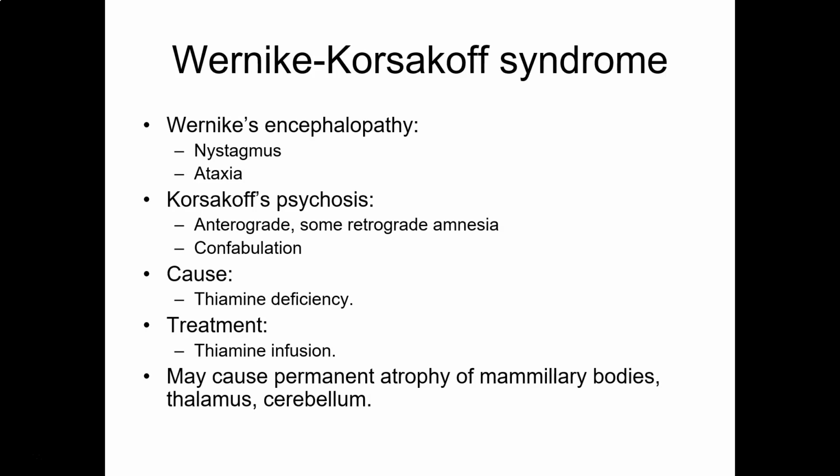Now, the reason that Wernicke-Korsakoff syndrome happens is because of a vitamin B deficiency, in particular a thiamine deficiency. We typically get it from our diets. It is needed for glucose metabolism and neurotransmitter synthesis. If you are vegetarian or vegan, please take a vitamin B supplement.